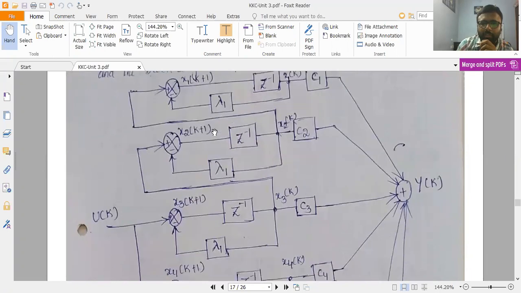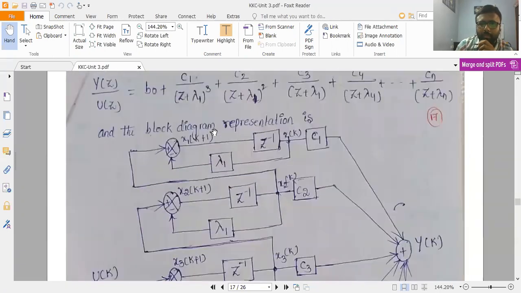Okay, so the u of k is going to be connected to the third pole, that is this one. Why? Because the input value is not going to be connected to the repeated poles. It is going to be connected only to the unit poles.